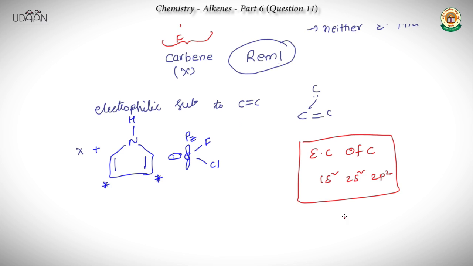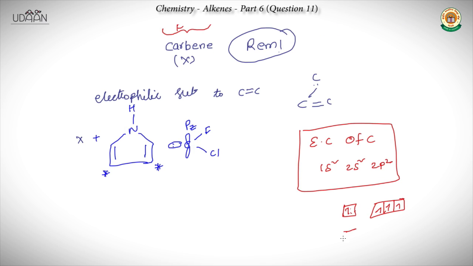If you pair this, I am writing only the outermost configuration of it. Now, if it pairs up, then you will get this is pz, and this is where this lone pair of electrons is. This is px, py, this is the s orbital, so it has a vacant orbital.